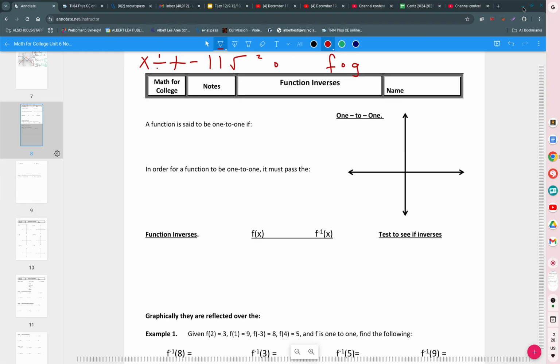Well, inverses is like this, say f inverse. That's a new operation, and it only works with certain types of functions. It only works with functions that are one-to-one.